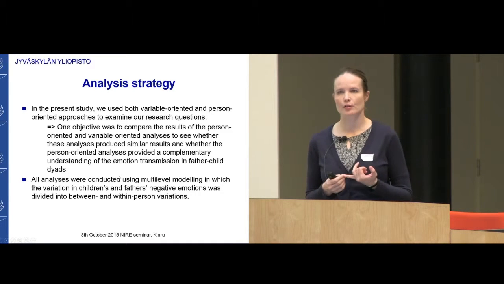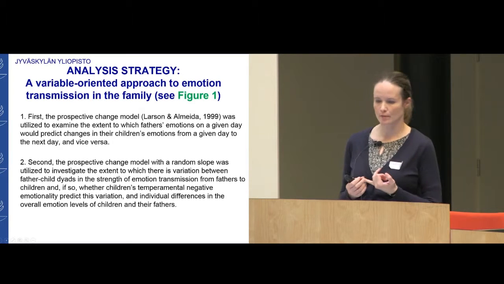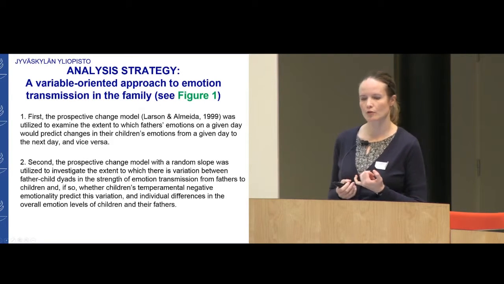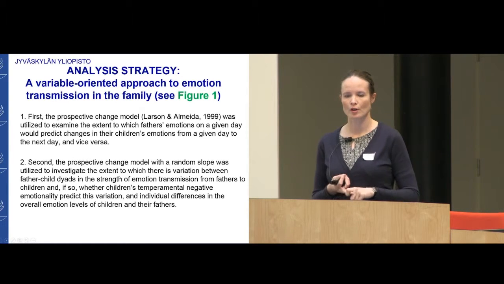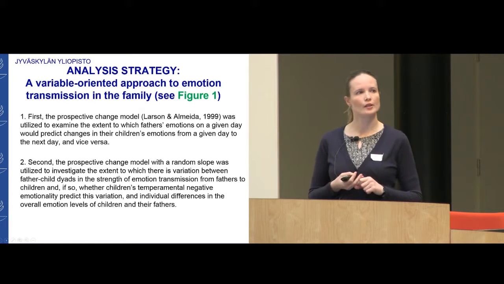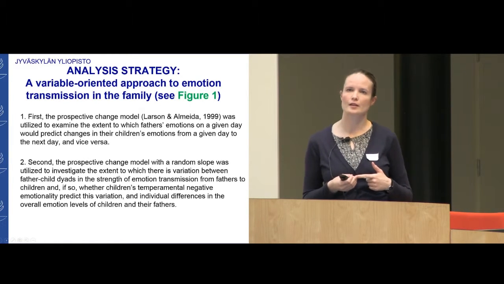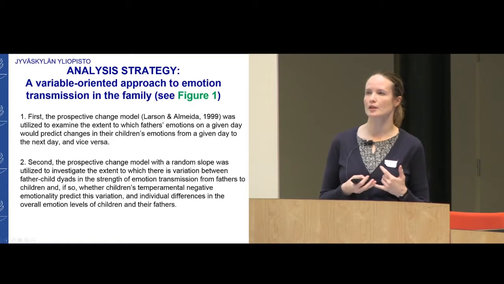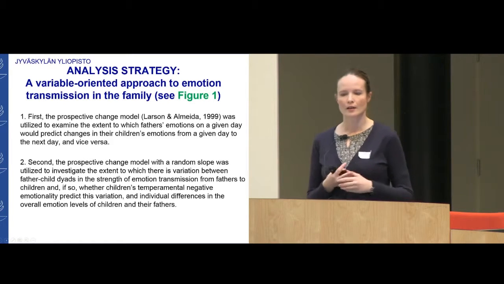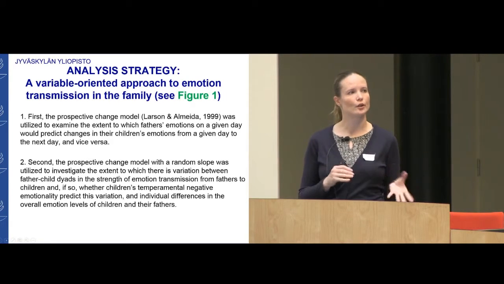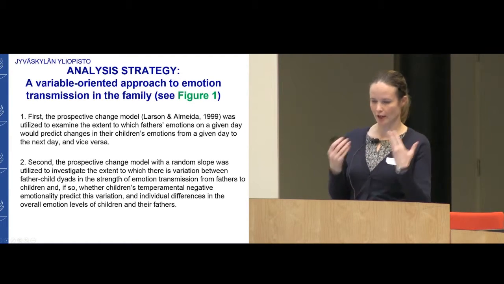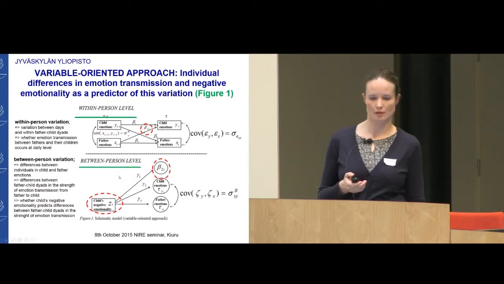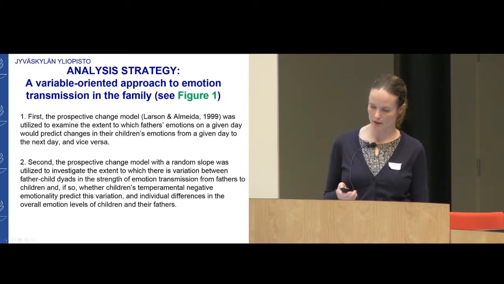And first a so-called prospective change model was utilized to examine the extent to which fathers' emotion on a given day would predict changes in their children's emotions from a given day to the next, and vice versa. And then as a next step, we added a random slope in this model to investigate whether there are differences between father-child dyads in the strength of this emotion transmission. And if there is variation, then we predicted it with child's temperamental negative emotionality.